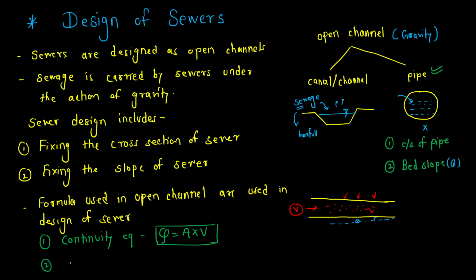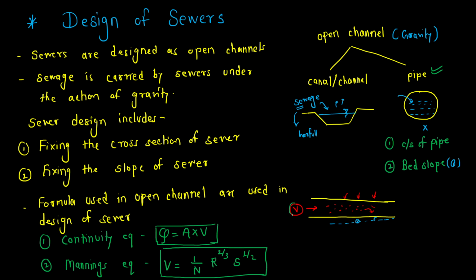The second is Manning's equation: V is equal to 1 by N, R to the power 2 by 3, S to the power 1 by 2. These formulas are already there in fluid mechanics, so they are taken directly from there. The remaining part, about the design velocity, we'll see in the next video. We have already discussed the concept that the velocity should be between the self-cleansing velocity and the maximum velocity.